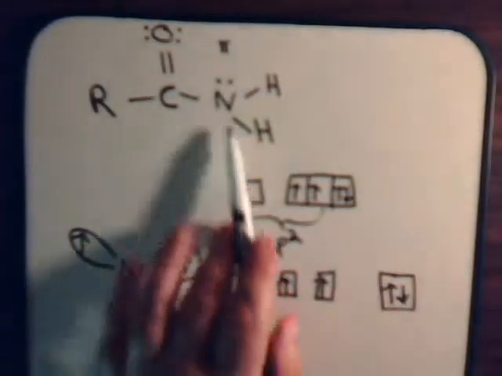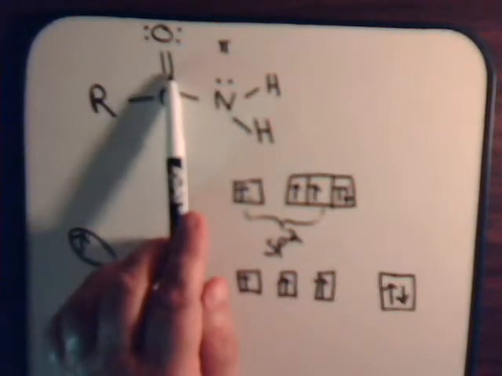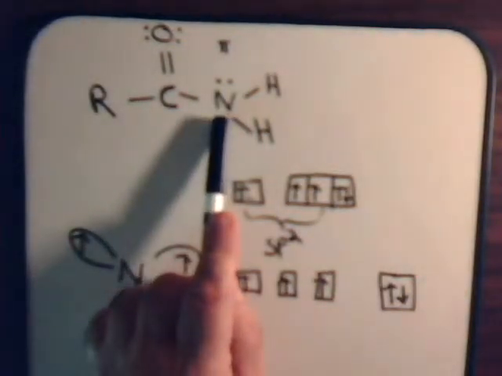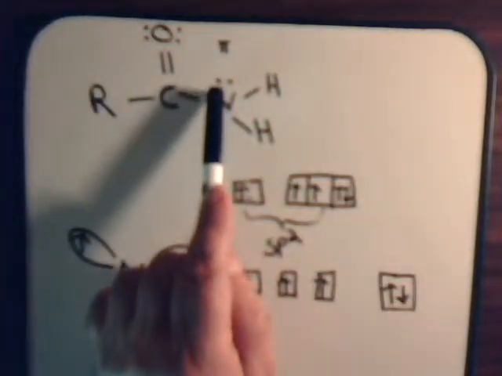The advantage of having it like this, instead of having this sp3 hybridized, is that now we're set up for an electron delocalization resonance type situation. So that's why with amides, the nitrogen is sp2 hybridized to give us this p orbital or pi lone electron pair.